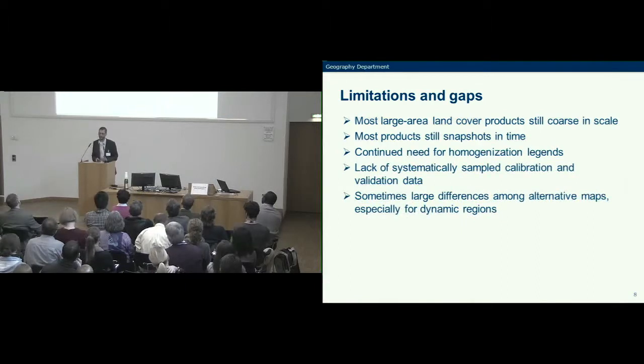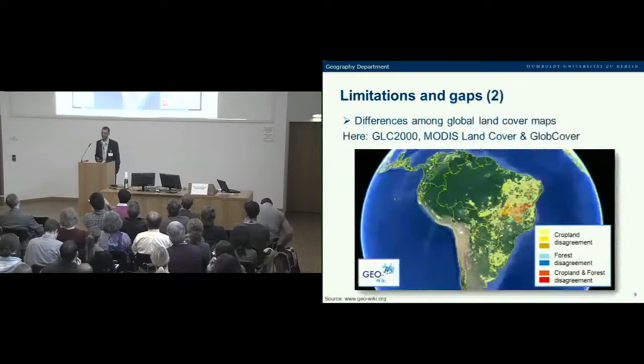And there's a lack of systematically sampled calibration and validation data, simply because it's so costly to generate large amounts of calibration and validation data that we would need to parameterize and compare different global land cover products. And due to these reasons and others, we see quite substantial differences in the global land cover maps that we have at this point.